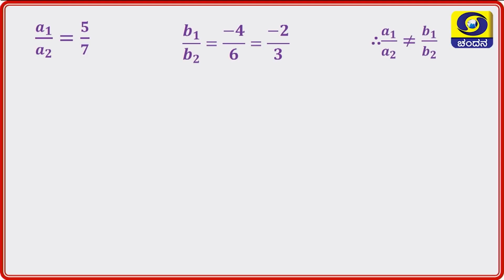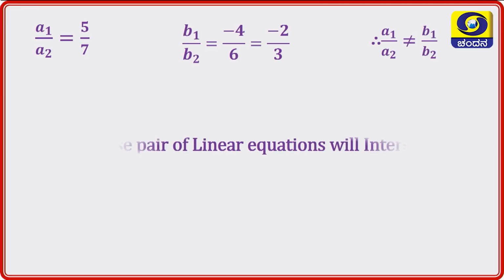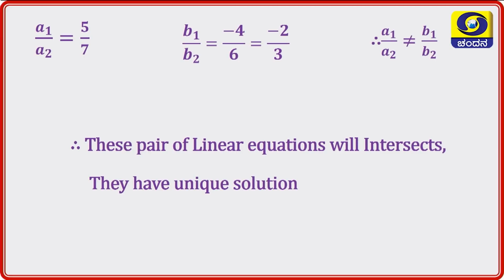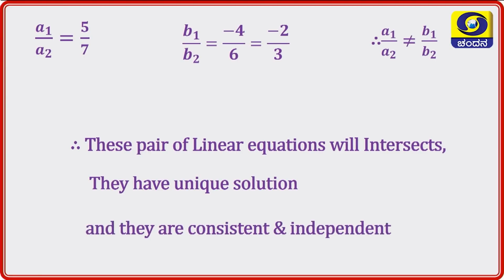Here we get A1 by A2 is not equal to B1 by B2. Therefore, this pair of linear equations will intersect, and they have a unique solution and are consistent and independent.